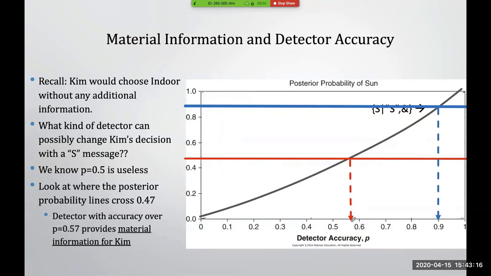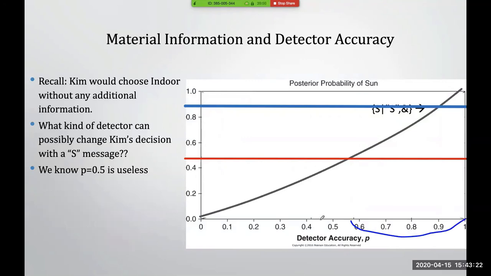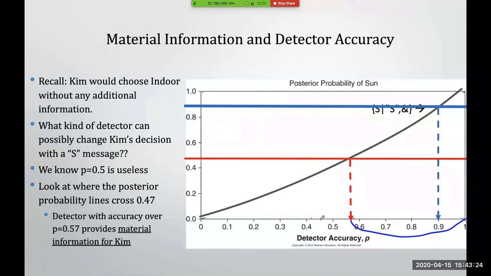So any rain detector that has an accuracy in this range can potentially change Kim's decision if the message from the detector is the day is going to be sunny. And again, p equal to 0.5 is absolutely useless.